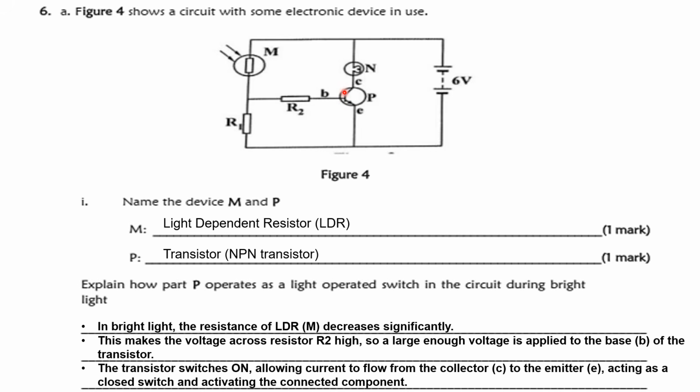The use of the transistor is to control how much current flows from the collector along to the negative terminal of the battery, enabling the bulb to give light. All right. So that's 3 marks. That's what you'd say in this particular case.